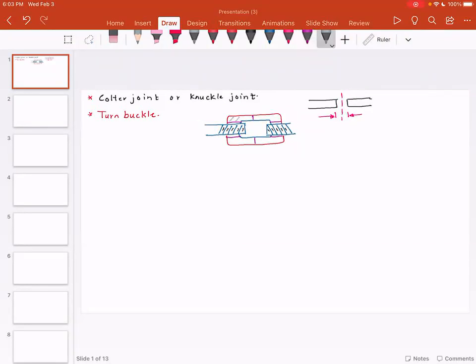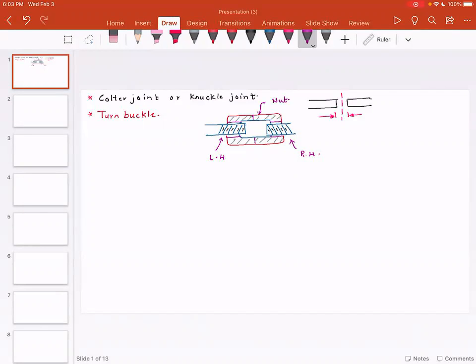And I'm gonna sketch. This is the shaded area. So this is left hand and this is right hand. So what it means is, and this is called as the nut.